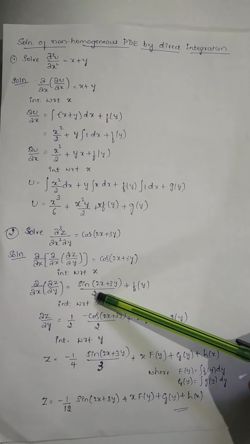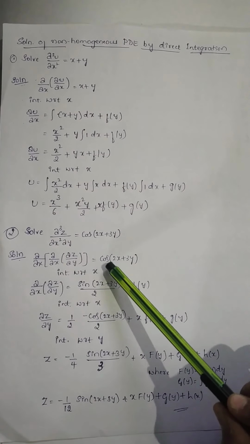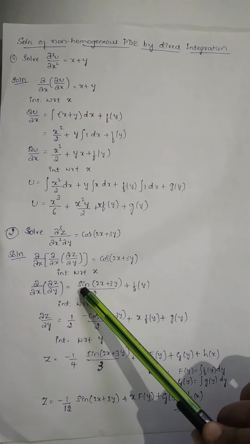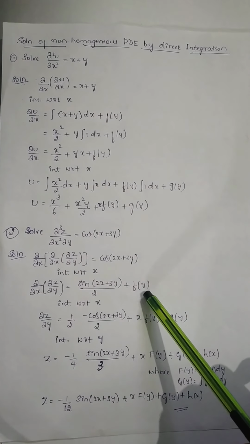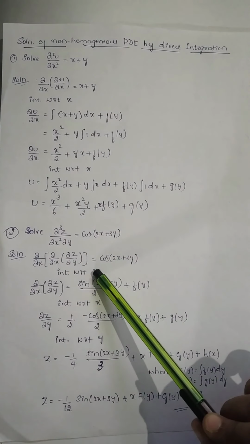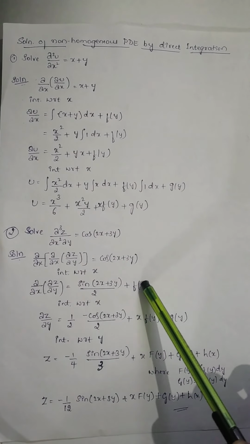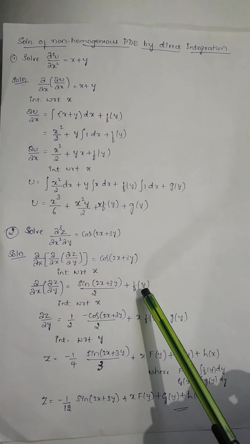So integration of cos of 2x plus 3y will be sin of 2x plus 3y whole divided by 2, plus an integration constant. With respect to x, y will be constant, so f of y will be the integration constant here.